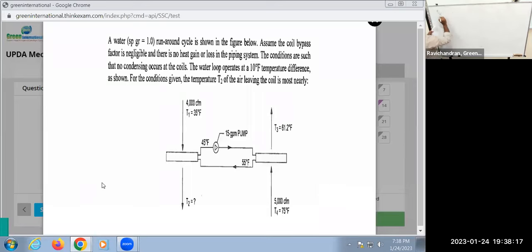Q in BTU per hour is equal to 500 times GPM times delta T, if the flow is given in GPM. If the flow is given in CFM, it's 1.1 times CFM times delta T. Very, very important formulas for solving these types of problems to find the cooling load. Please remember this. This is very important.